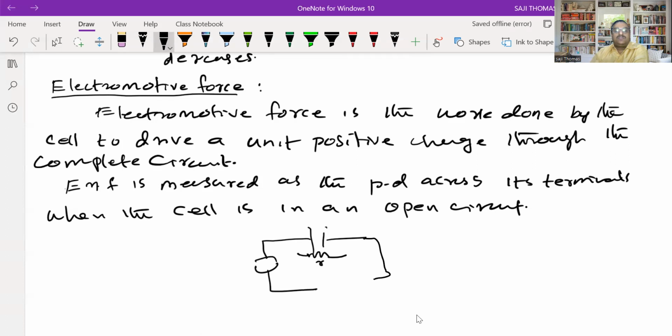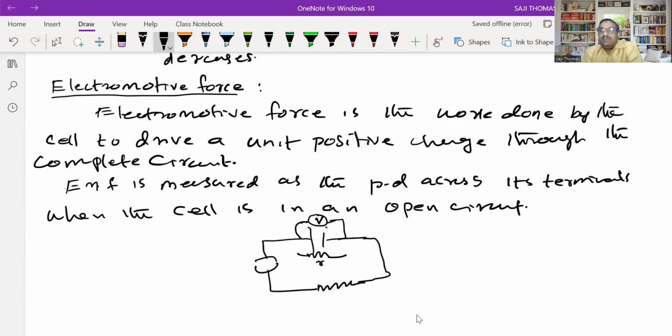See, this is connected to an external resistor. You connect a voltmeter here between the terminals of the cell. That voltmeter gives you the EMF. You should not put the plug inside the key. The circuit must be open.